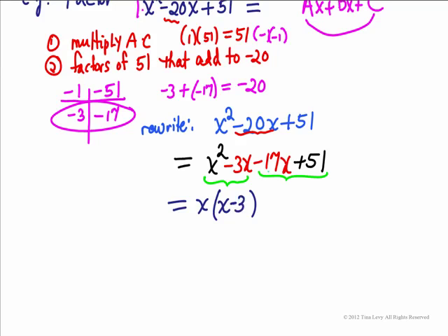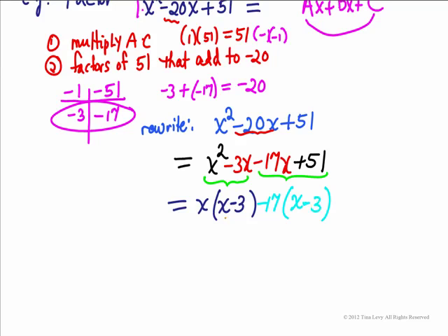But now the next term, you're leading with a negative 17x. So the factor common to 17x and 51 would be 17, but because we're leading with a negative, we're going to factor out a negative 17. Negative 17x divided by negative 17 is x. Positive 51 divided by negative 17 is negative 3.